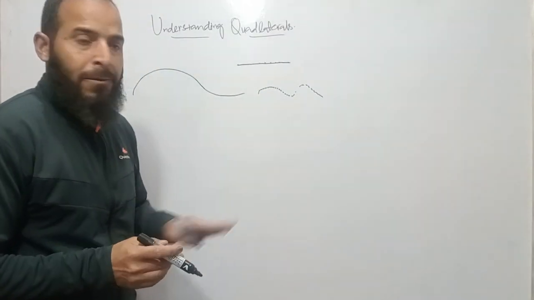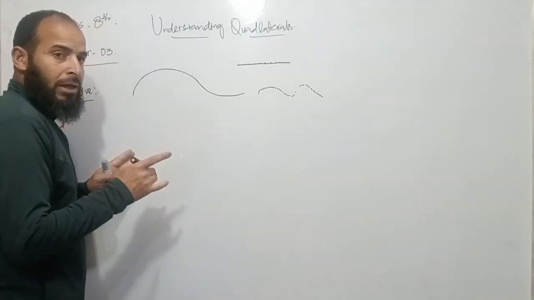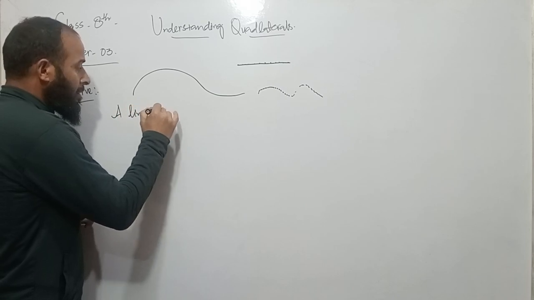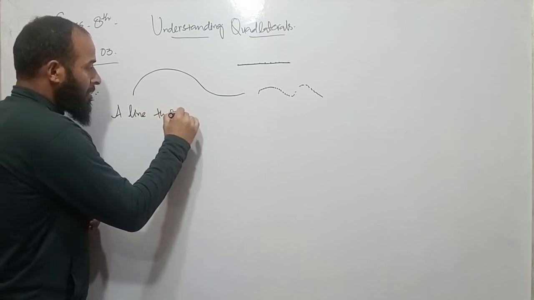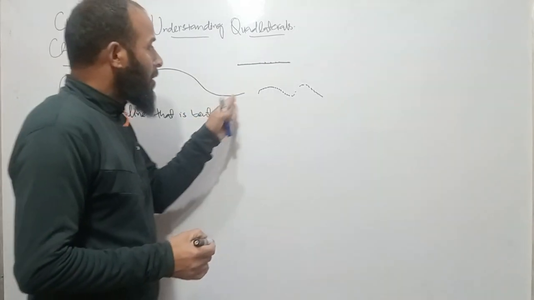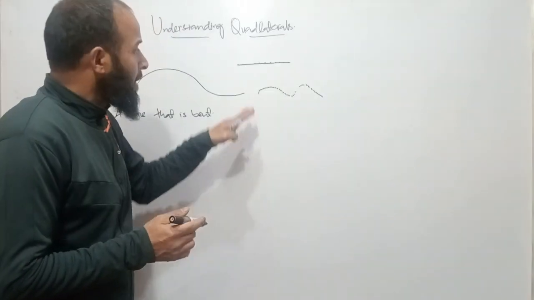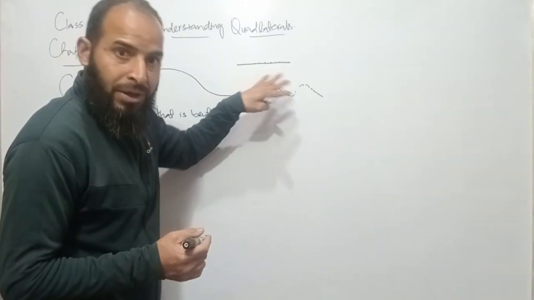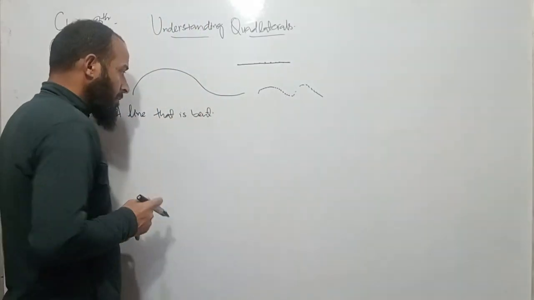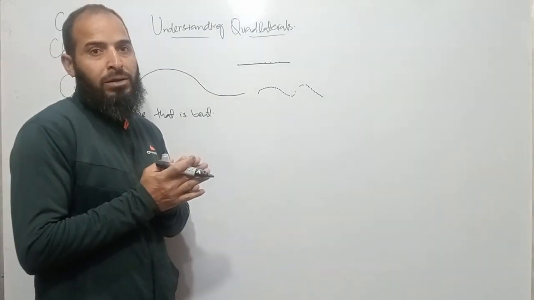So a curve is simply a line that is bent, or the locus of a point which moves so that it does not have a definite direction. This was about what we mean by a curve.